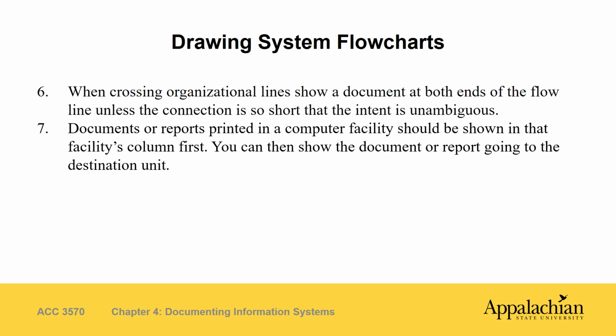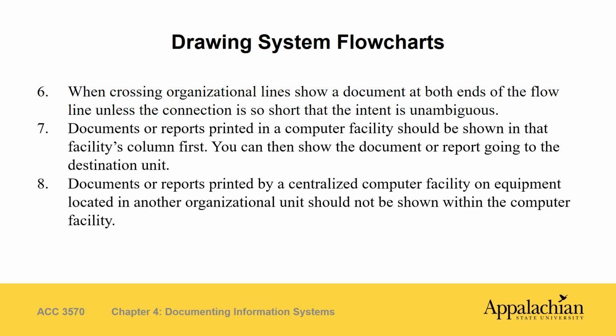Documents or reports printed in a computer facility should be shown in that facility's column first. Then you can show the document or report going to the destination unit. So when you're going from one entity to another entity, what you want to do is show what reports and documents being the first thing that you show.